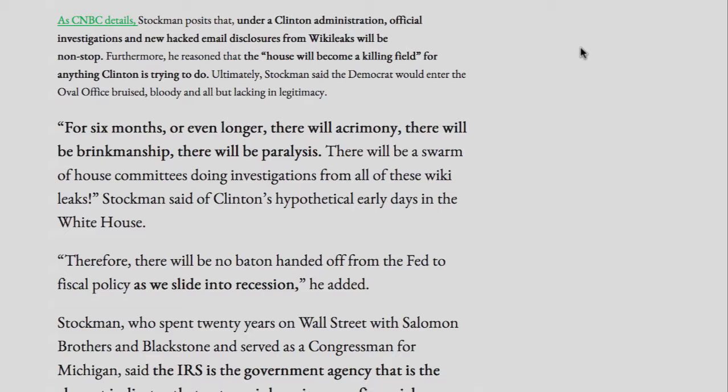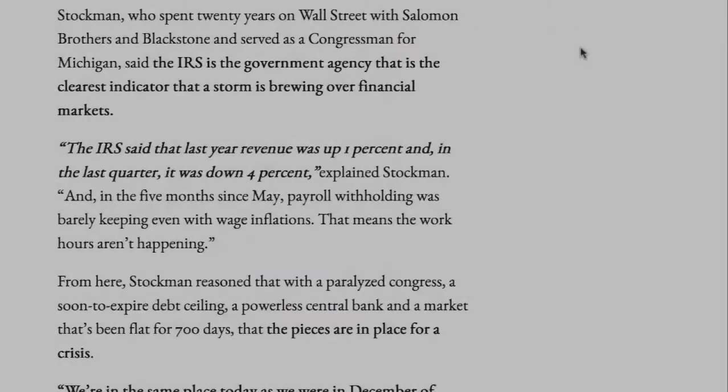For 6 months or even longer, there will be acrimony, there will be brinkmanship, there will be paralysis. There will be a swarm of House committees doing investigations from all of these WikiLeaks, Stockman said of Clinton's hypothetical early days in the White House. Therefore, there will be no baton handed off from the Fed to fiscal policy as we slide into recession, he added.